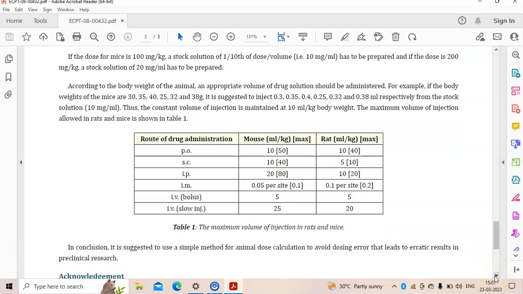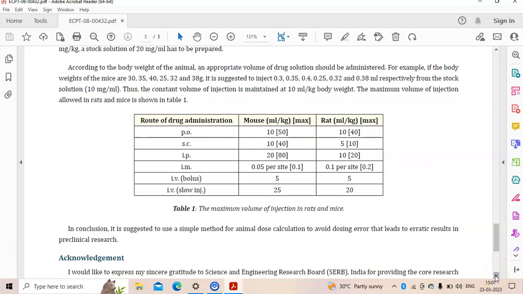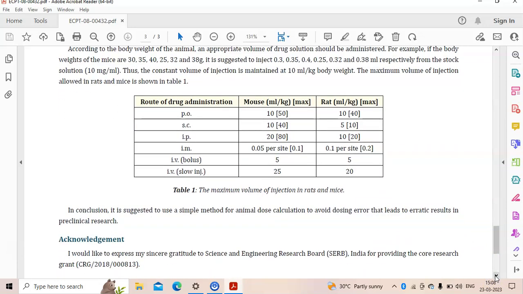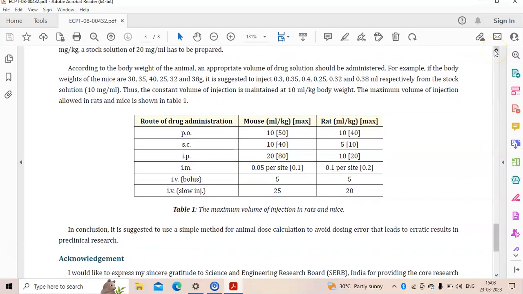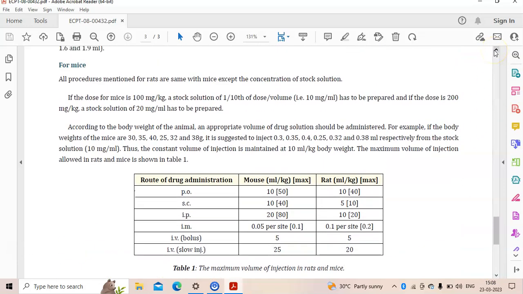In conclusion, it is suggested to use the simple method for animal dose calculation to avoid dosing errors that lead to erratic results in preclinical research. This is the method by which we can do dose calculation in preclinical pharmacological experiments.